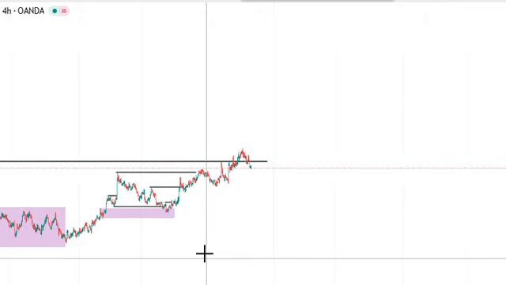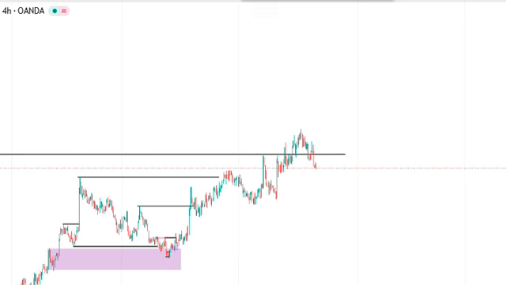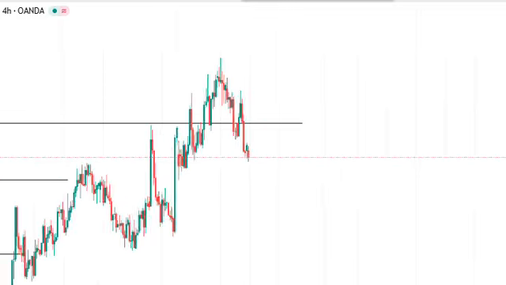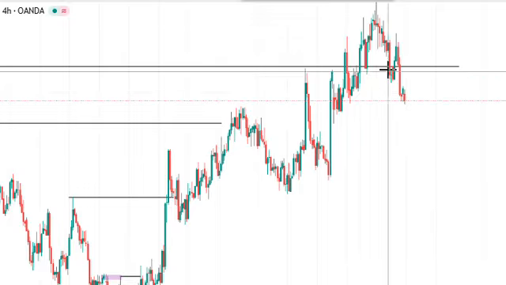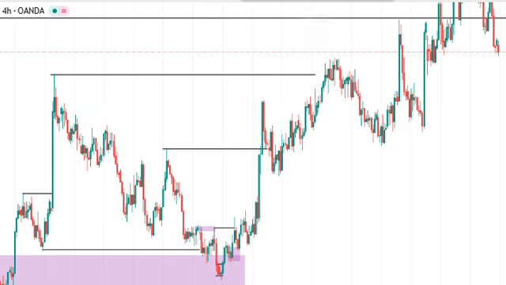Once the market begins to give a bullish momentum, its assignment is to just keep moving higher and higher. So from here I entered all the way down here.